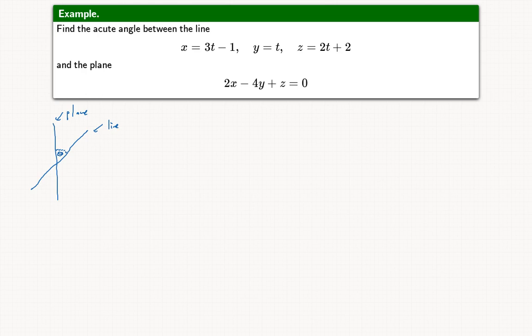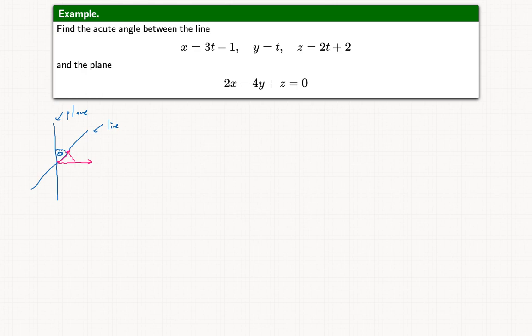But we'd been discussing planes in terms of their normal vectors. So what we'll do is dot a vector parallel to the line with the normal vector of the plane, and then we can take the cosine of that.